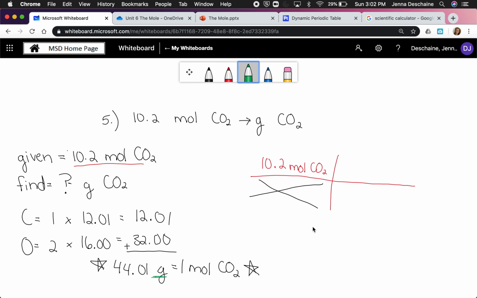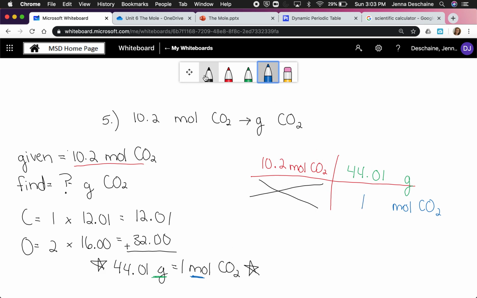That is grams. Whatever unit I'm converting from, moles, is going to go on the bottom. Then I just plug these numbers into their appropriate spaces in the chart. So 44.01 is going to go with grams on top, and then 1 mole of carbon dioxide is going to go on the bottom.